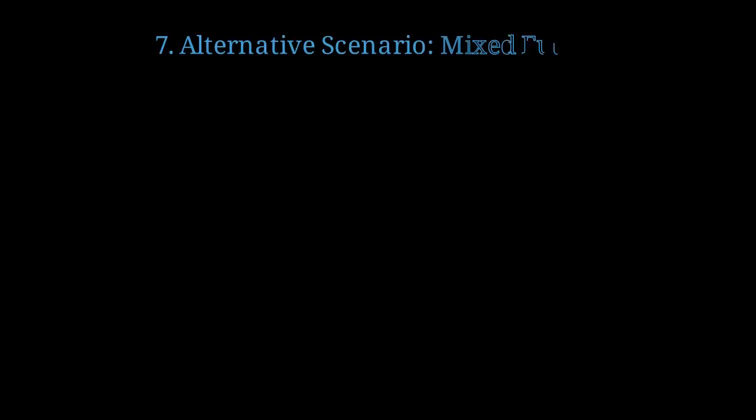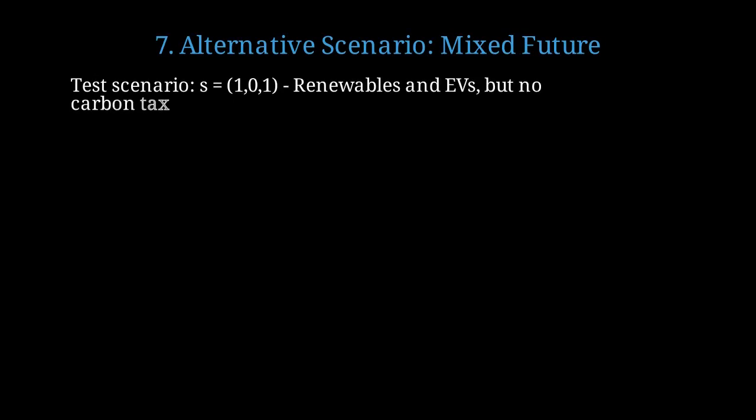Now let's examine a different scenario with only partial adoption. What if we have renewable energy and electric vehicles, but no carbon tax is implemented? Renewable energy receives impact +1 from electric vehicles only. Carbon tax receives +4 impact from the active variables, but is not present in this scenario. Electric vehicles receive +3 impact from renewable energy.